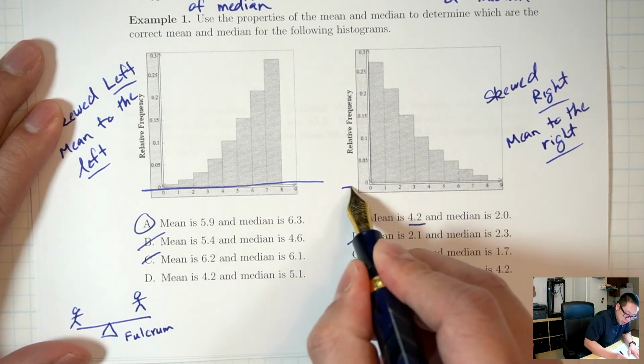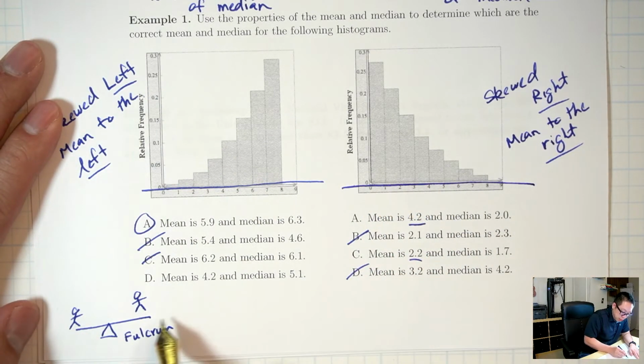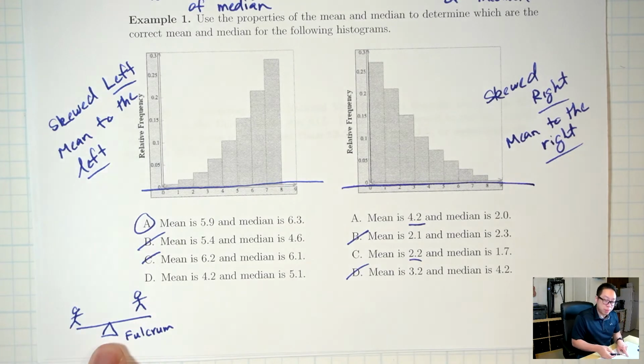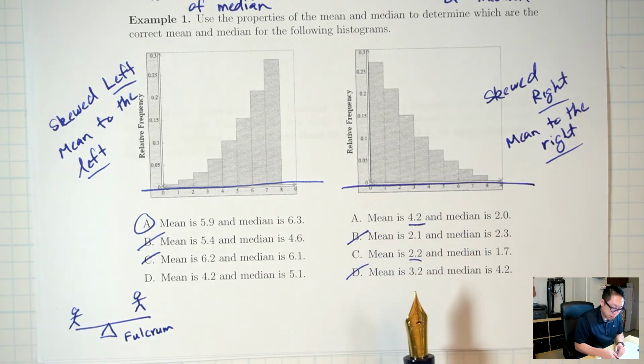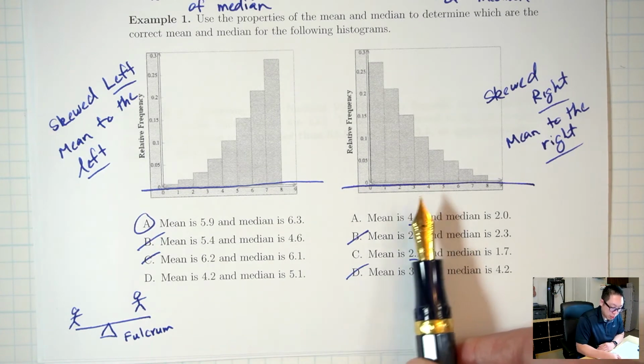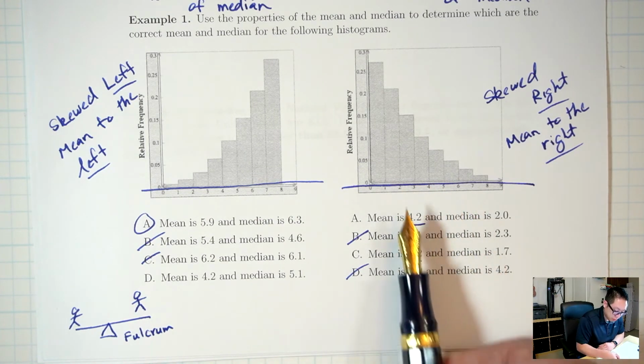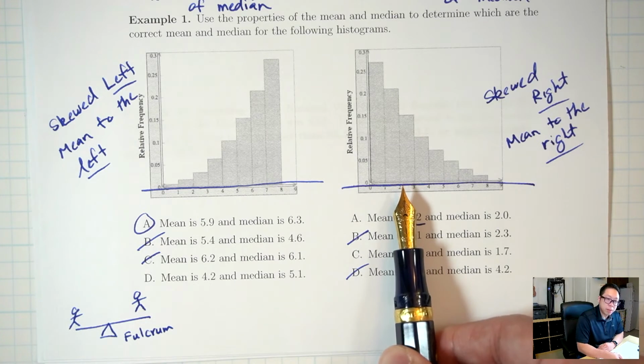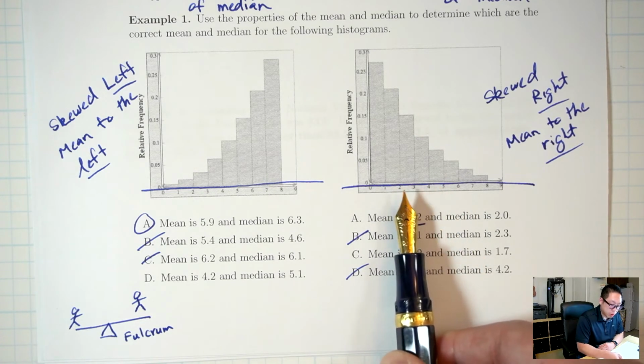So this is the horizontal plank. Where should I place the fulcrum so that it's balanced? Is it 4.2, which is right here, or 2.2, which is right here? Where is it going to tip over, and where is it going to be balanced?